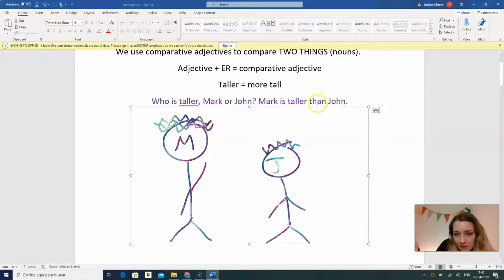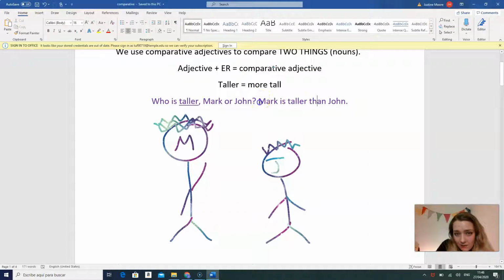You need than. We have Mark, that's the first noun, he's a person. Mark is taller, more tall than John. You do need this word than when you're comparing Mark and John.